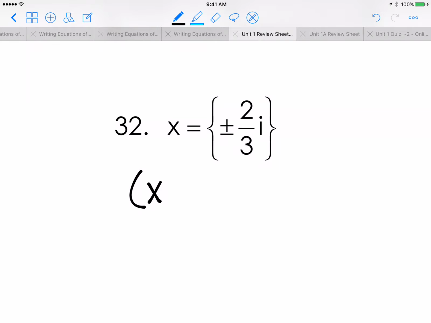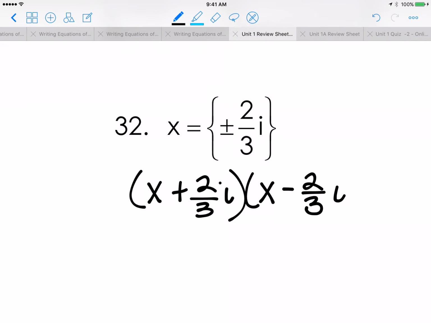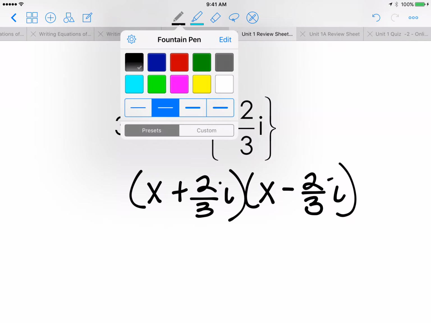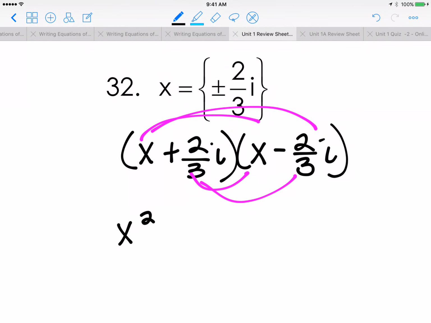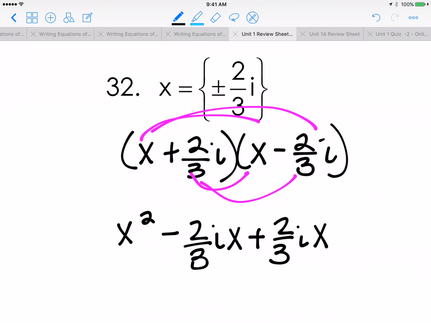So we will have an x plus 2/3 i and an x minus 2/3 i. And now we FOIL. So you get x squared plus or minus 2/3 ix plus 2/3 ix.